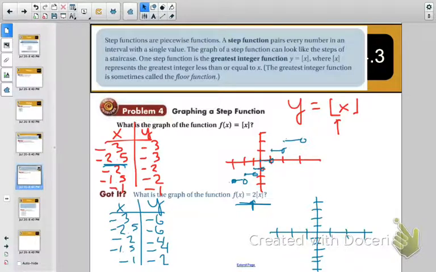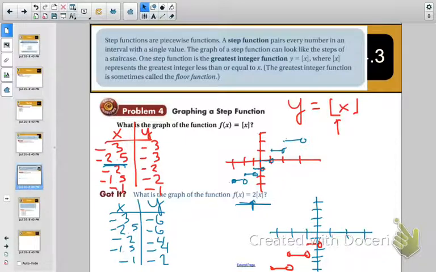Okay, so this graph would look like this. You'd basically just be going to negative 3, negative 6, closed, open. So instead of jumping up 1, this one actually jumps up 2. So it goes up to negative 4, open circle, up to 2, open circle, up to 0.